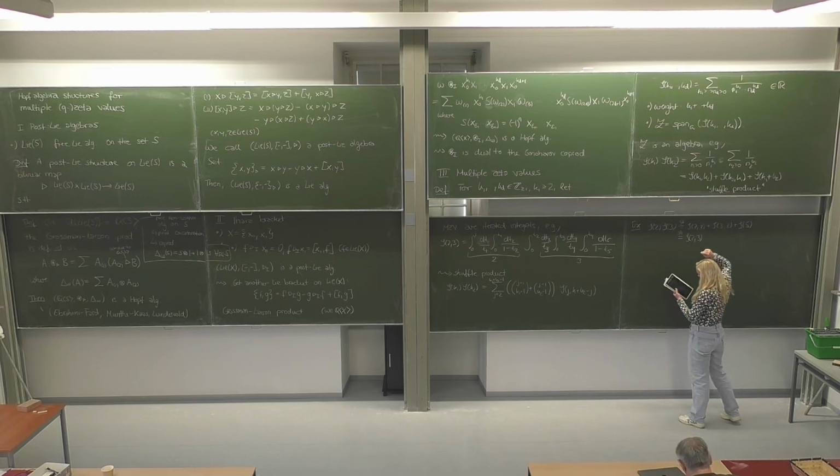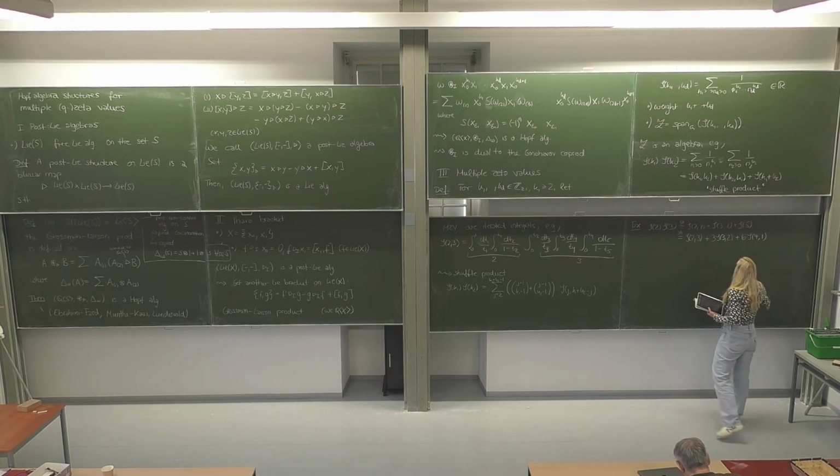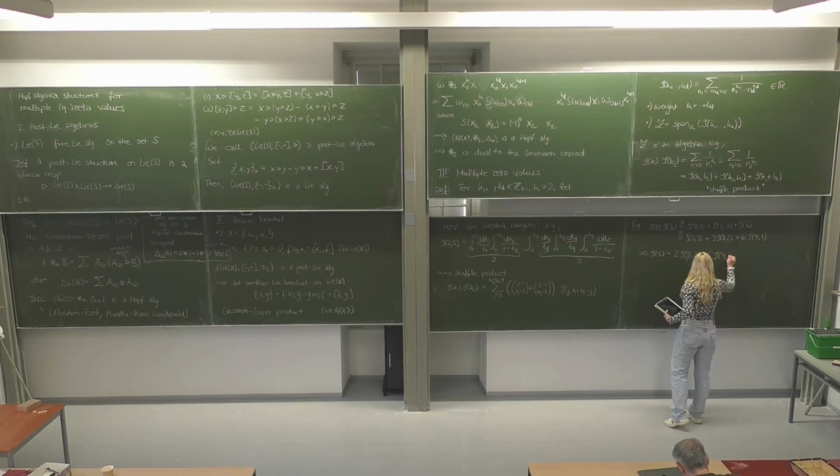And what you would get is zeta 2, 3 plus 3 zeta 3, 2 plus 6 zeta 4, 1. And now you see some terms cancel. So what will survive is that zeta 5 is 2 zeta 3, 2 plus 6 zeta 4, 1.